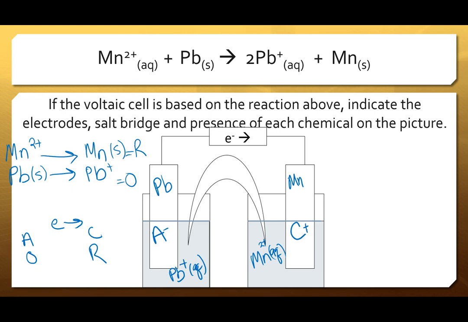And then the last thing that I'd like to, I didn't ask you to do this, but the last thing that I'd like to talk about is the fact that this is the salt bridge. Okay, so that's what that is right there. So there's our voltaic cell. We put it together into two half reactions, determine the oxidation at our anode, reduction at our cathode. I hope you guys found this helpful.